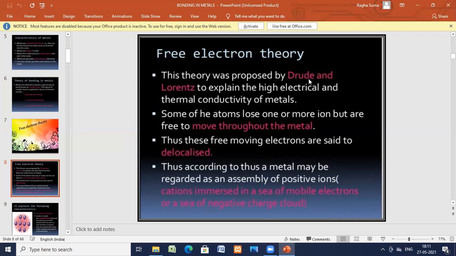The potential field of these cores is assumed to be constant throughout the metal, and inter-electron repulsions are neglected. The behavior of these free electrons is considered non-interacting and similar to that of molecules in an ideal gas.